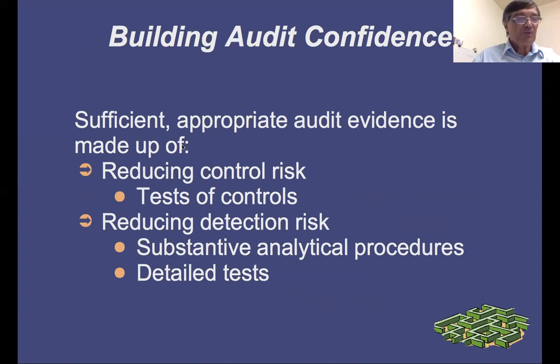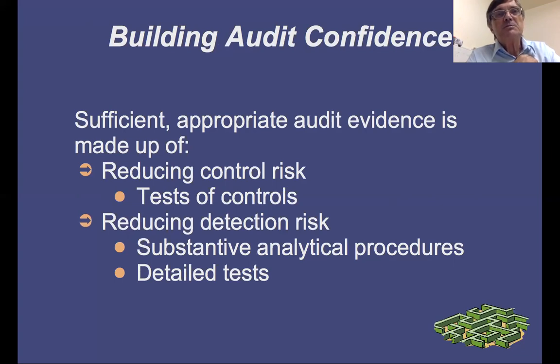Okay, now a bit of revision. Going back to when we looked at testing controls. Our audit confidence, remember, is made up of tests of controls plus substantive analytical procedures plus detailed tests. So why do we do substantive analytical procedures?